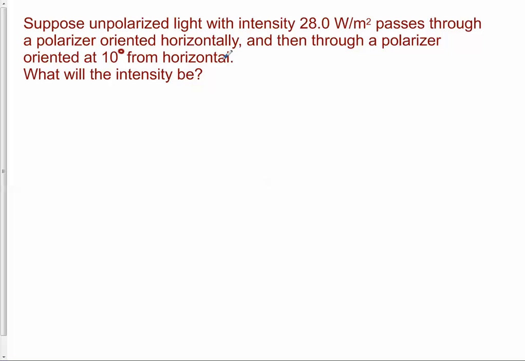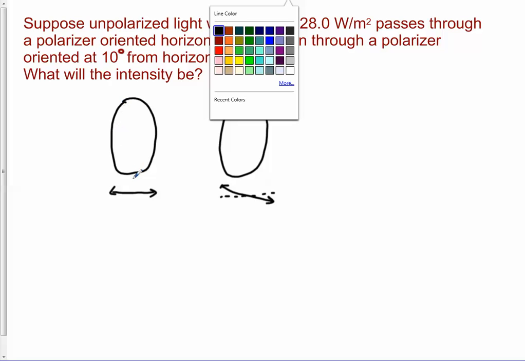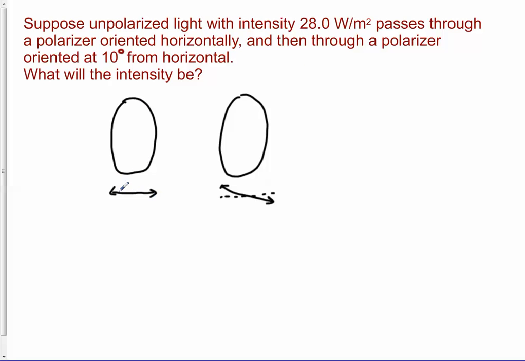All right, so we have two polarizers. Sorry, just switch those to black. And this polarizer, I guess the molecules are vertical because light coming out of it will be horizontal.